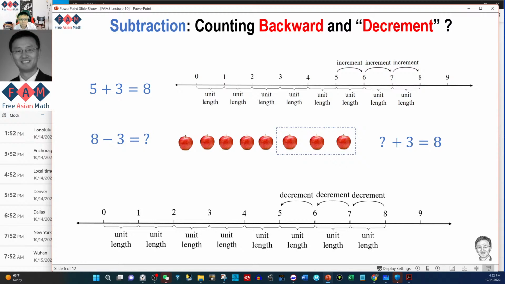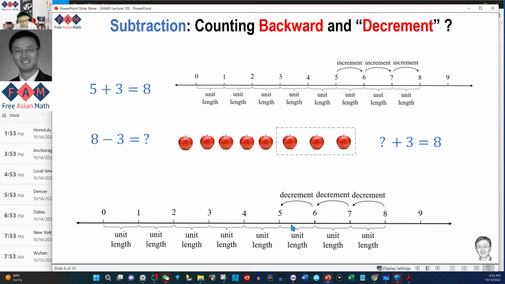Well, in math, we have to do everything rigorously, not just in English. Say, oh, decrement is the opposite of increment. It's just the inverse. What exactly is this? I don't know, it's just opposite. No, we cannot do that in math. We have to give it a rigorous definition.